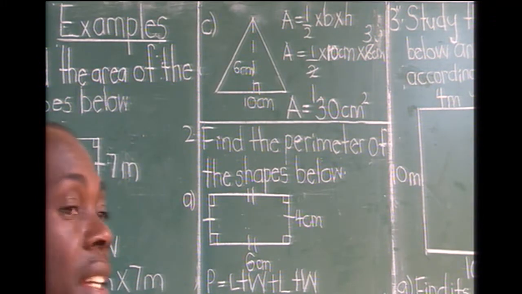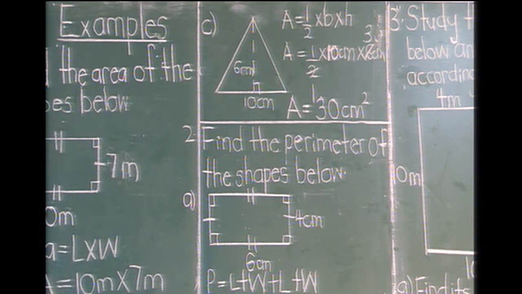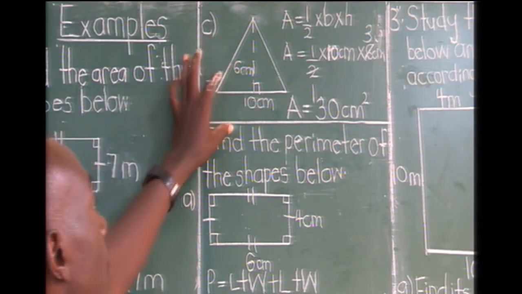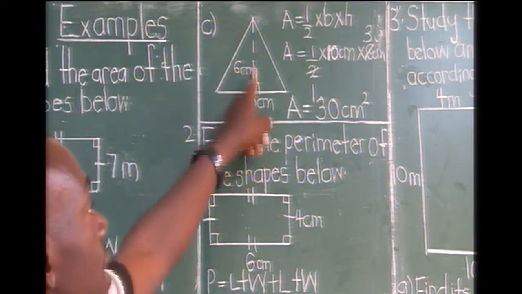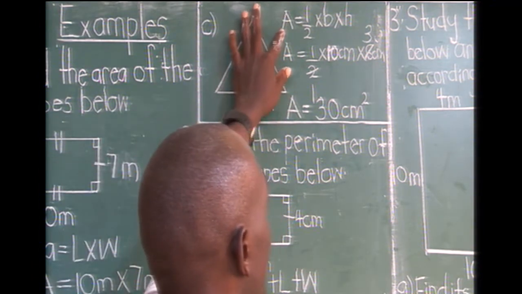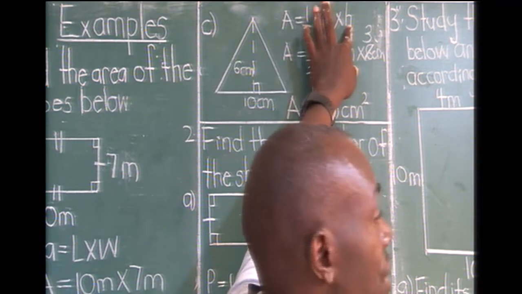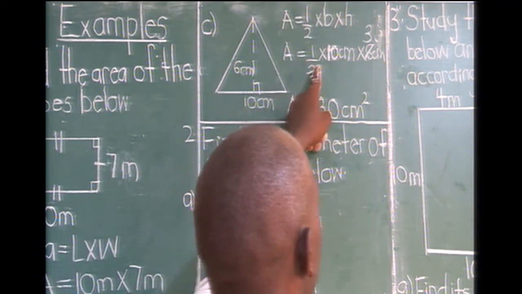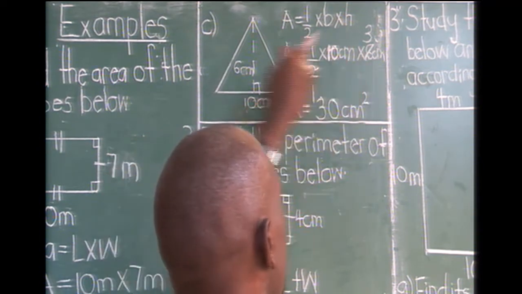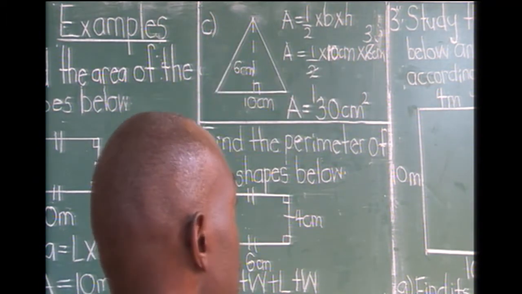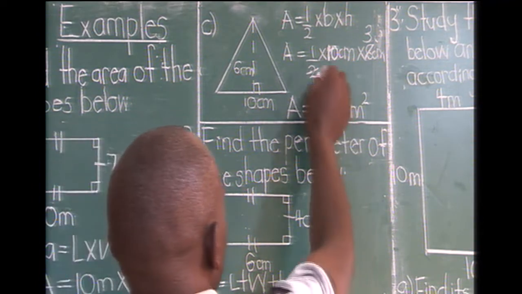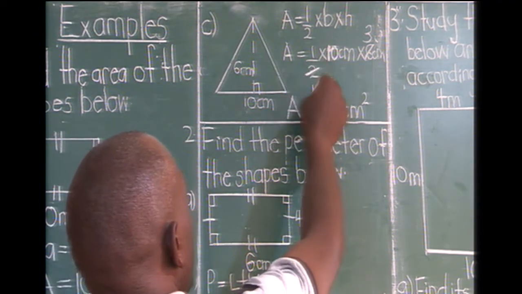Now, we said any 3-sided polygon is known as a triangle. Now, find the area of a triangle with base 10 centimeters and height 6 centimeters. You say area equals a half times base times height. Area equals a half times 10 centimeters times the height of 6 centimeters. And now you are going to divide or to cancel. 2 divided by 2, you get 1.